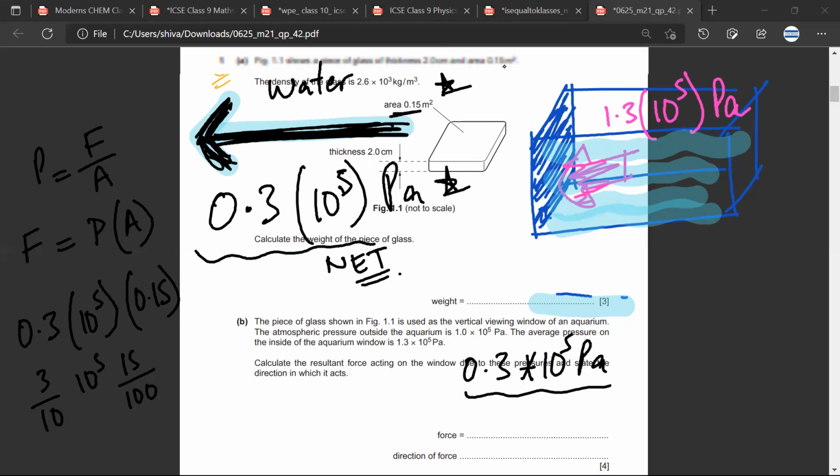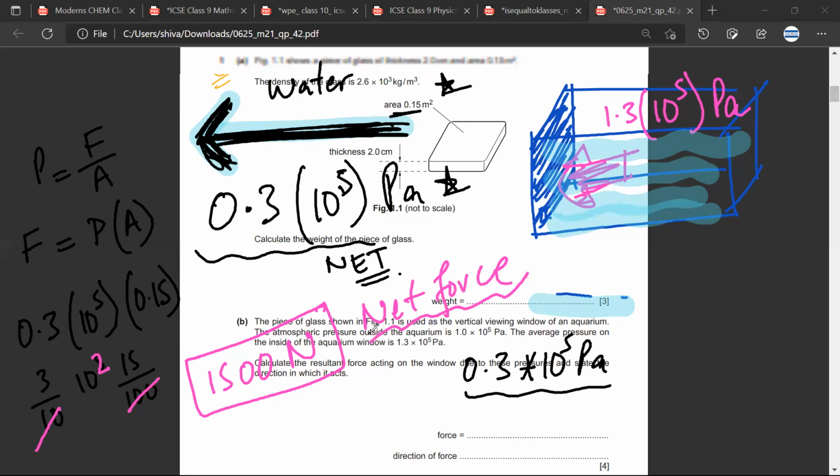So on cancellation, these three zeros will cancel. This will be 2 and this will be 1500 Newton. This would be the net force which will be acting on the glass pane. Chris, is it making sense? Yes, sir. Okay, great.